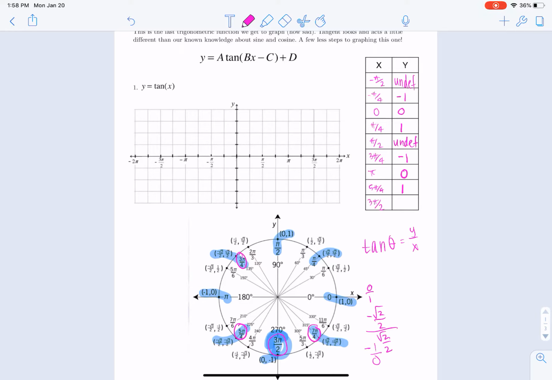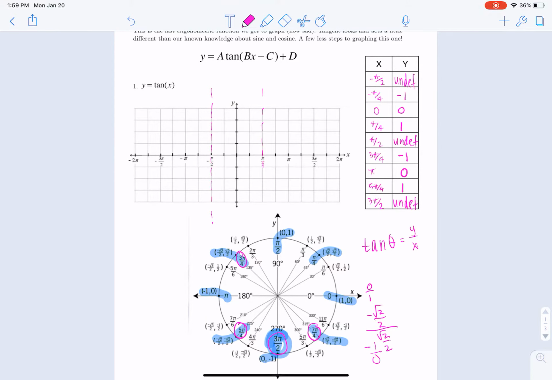And at 3 pi over 2, I'm back where I started at negative pi over 2, and I know I'll be undefined. When we're undefined, we're just going to sketch in an asymptote in those places. So I'll have an asymptote at negative pi over 2 and at positive pi over 2.